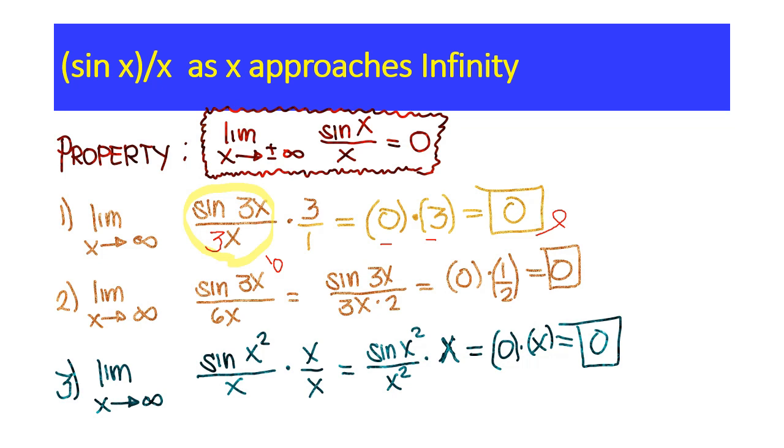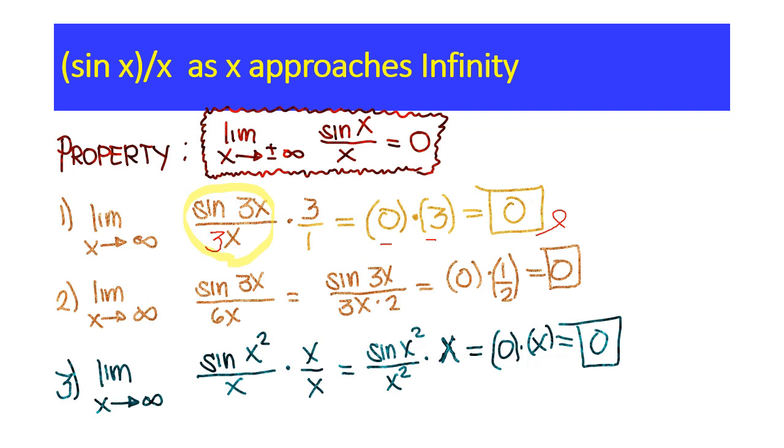Number 2, we are asked to evaluate the limit of sin 3x over 6x as x approaches infinity. So, what we're going to do here is to factor the denominator.